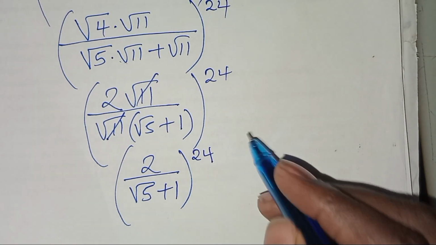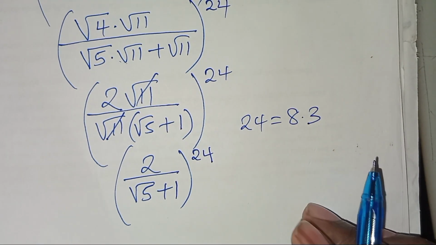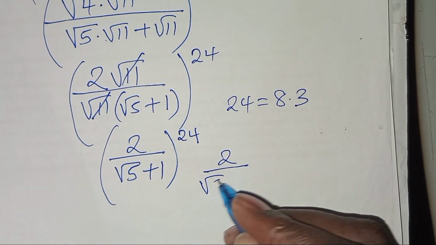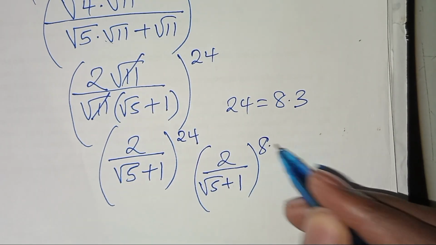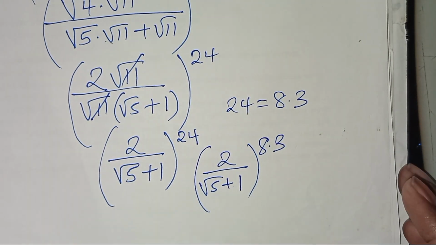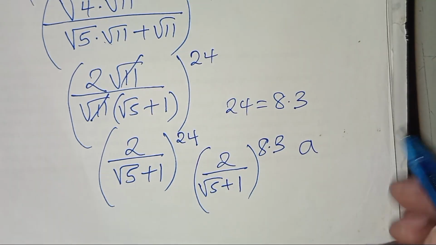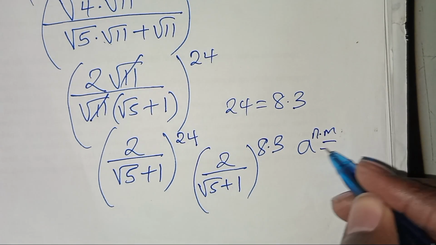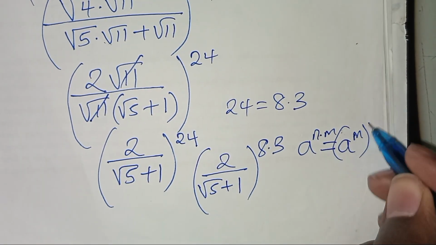Now we can express 24 as 8 multiplied by 3. Here we have 2 divided by the square root of 5 plus 1, raised to power 8 multiplied by 3. Now, applying the indices identity, a to power n multiplied by m, we can express this as a to power m, raised to power n.